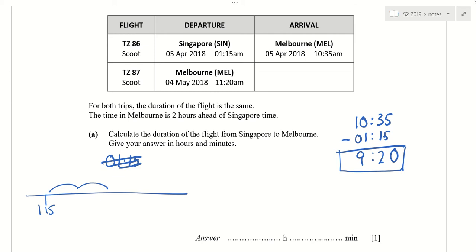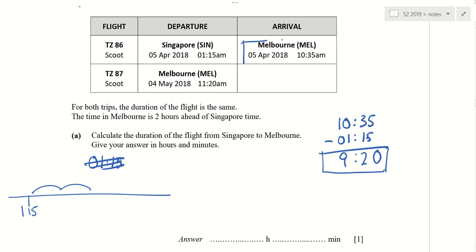Okay, so this thing here, can you write down? This thing here is actually in Melbourne time. So maybe the first thing you want to do is to convert Melbourne time to Singapore time first.